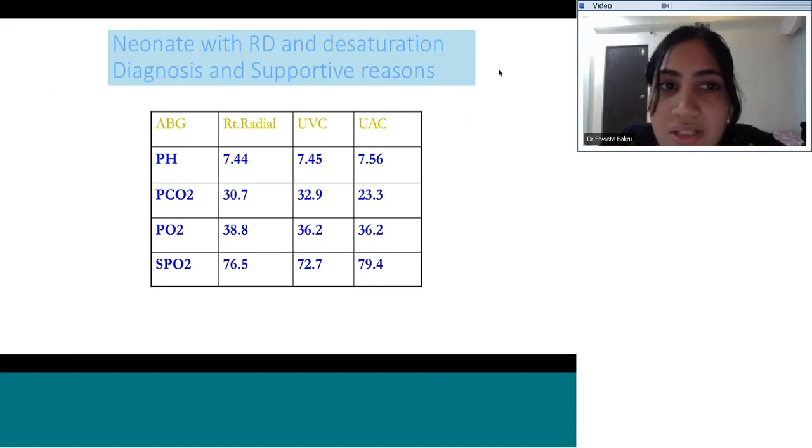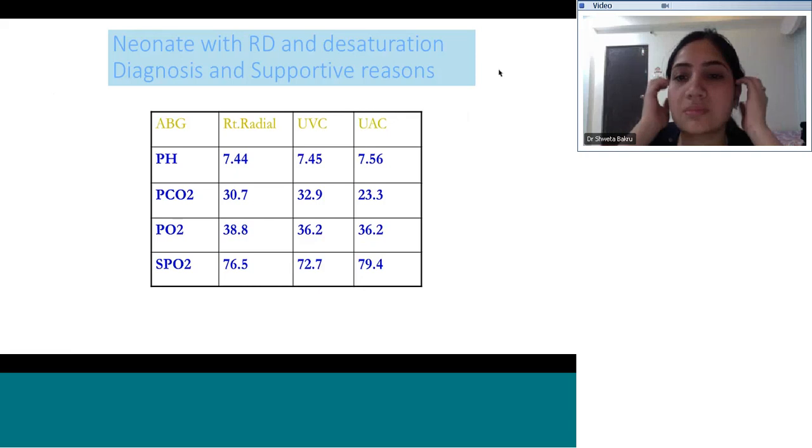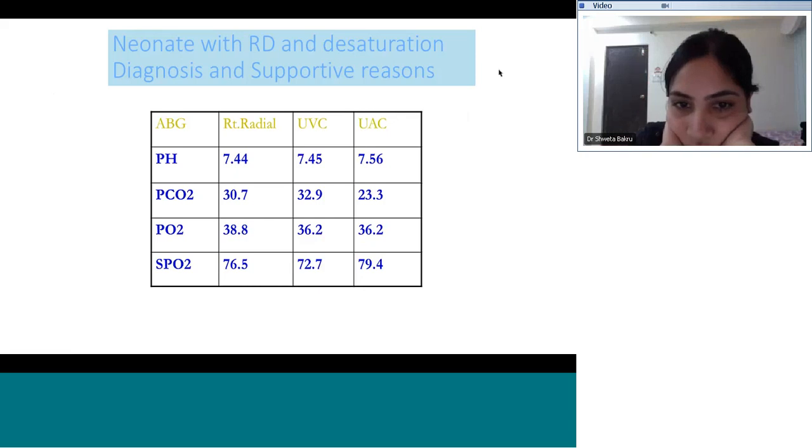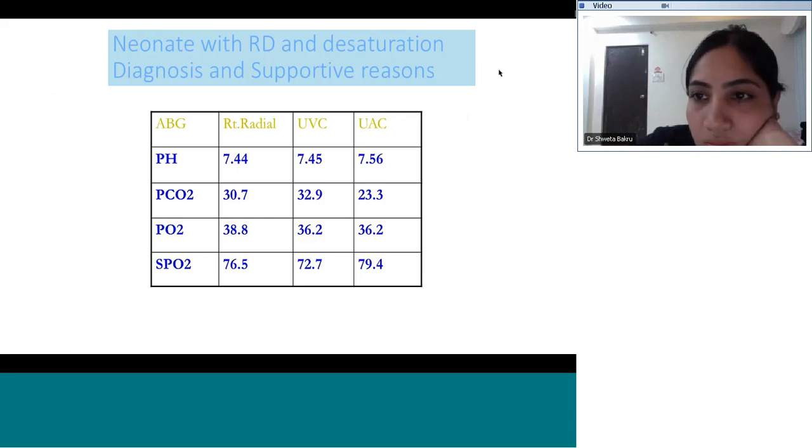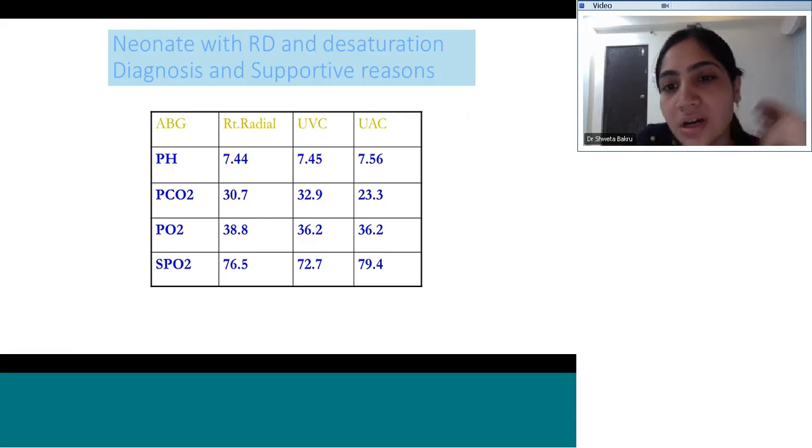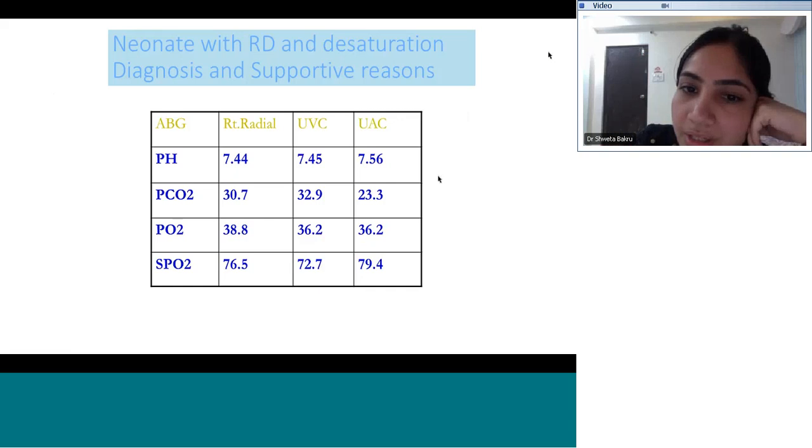Anybody would like to take this up and tell me the diagnosis? This is a newborn who presented with respiratory distress and desaturation. This baby was in a neonatal unit and they have sent us these samples. Do you think there is a cardiac disease or no cardiac disease?